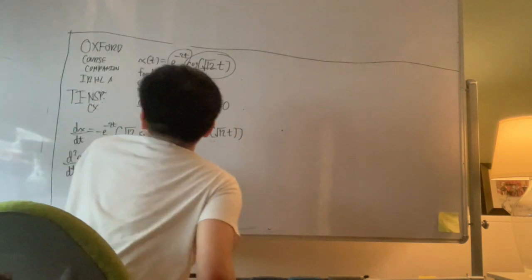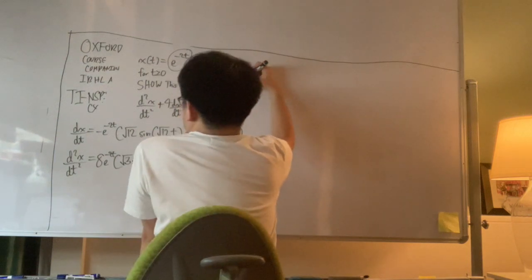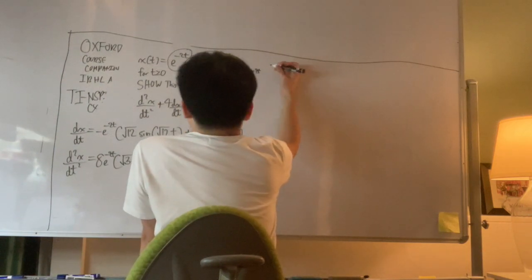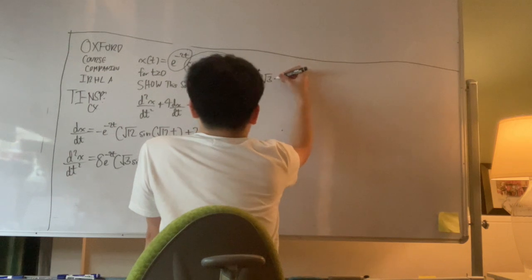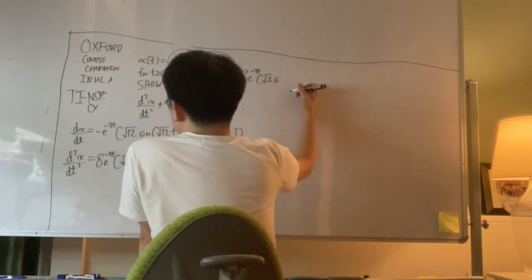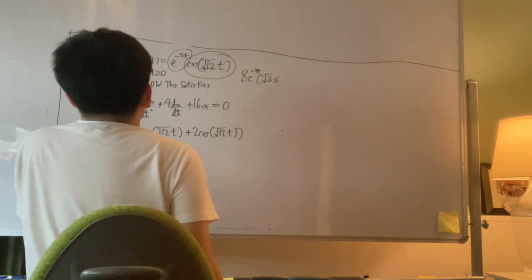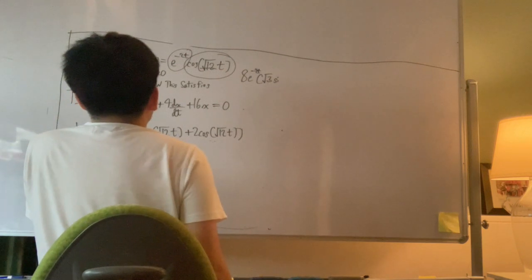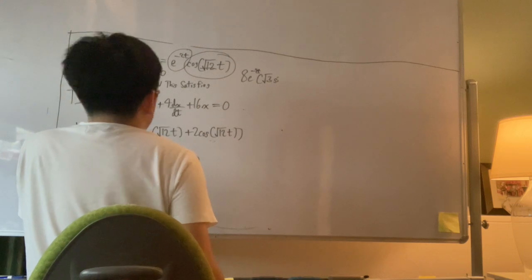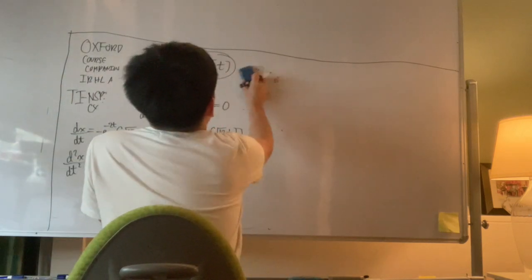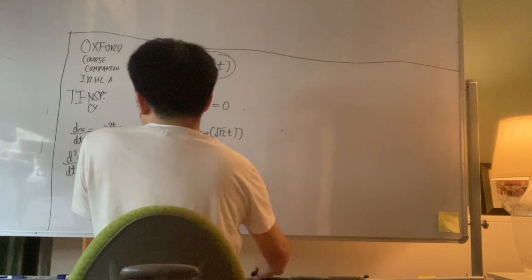This is going to be annoying. So we get this. Actually, how do you distribute everything in this case? Because we're going to have to add stuff together. So let me distribute this stuff here. It'll be easier this way.